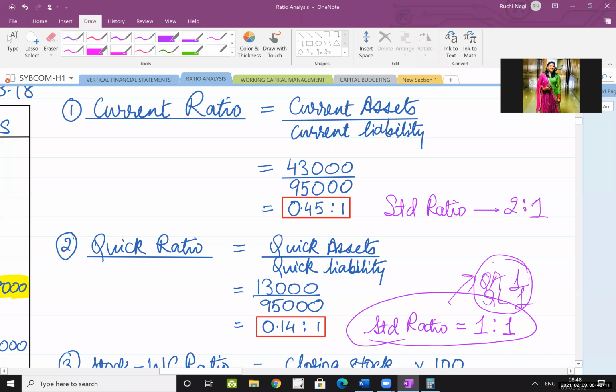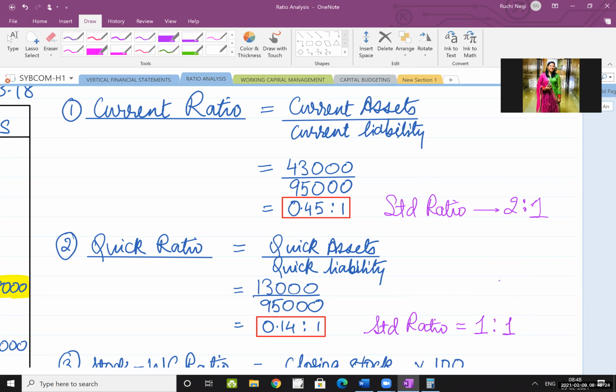They should be always equal. Okay, so this indicates a good business. If it is less than this, then you need to take reforms in your decision making. You need changes in the existing policies of the business such that this ratio, which is less than 1 is to 1, should improve.